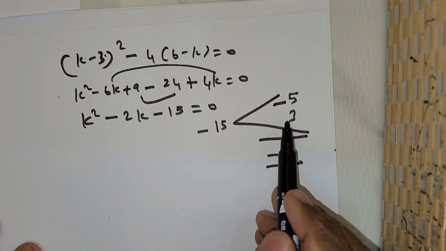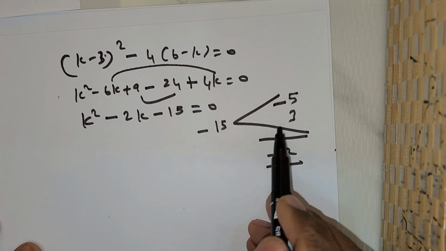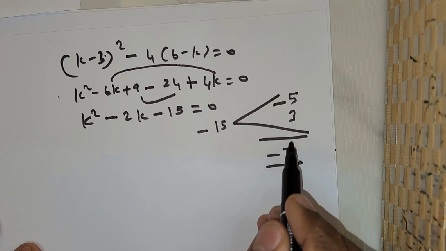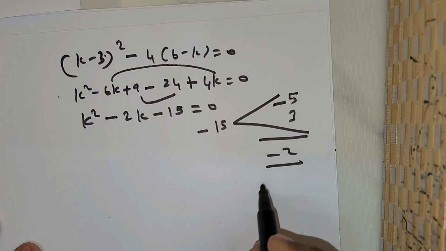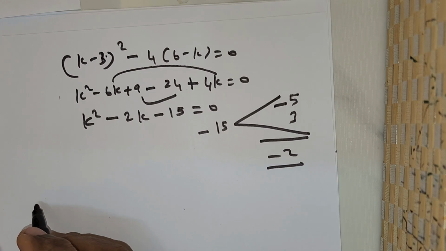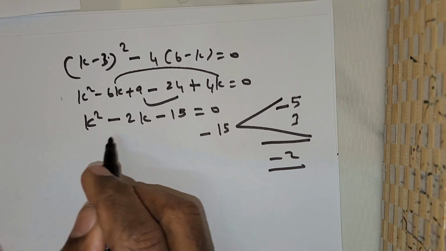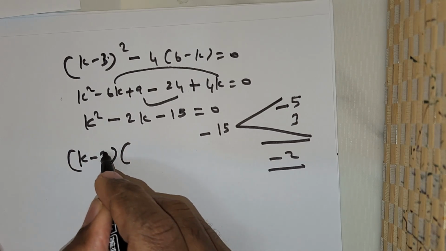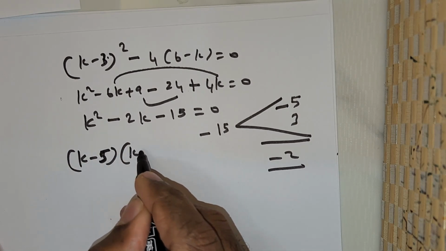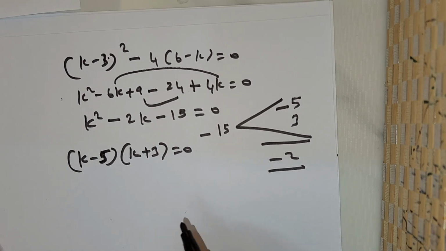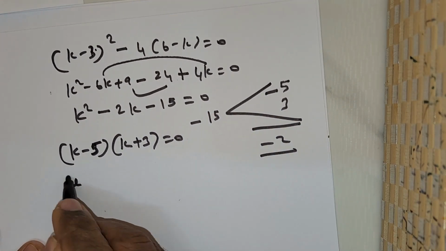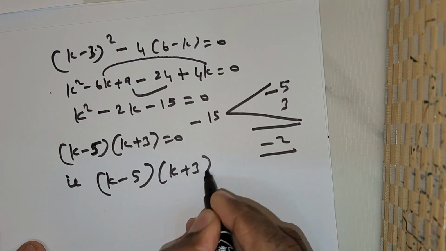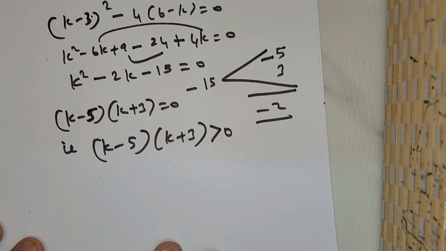So if I were to do that, I would get -5 times 3 is -15, and -5 added with 3 I get -2. Okay, so if I were to write it as a factor, this is going to be (k - 5)(k + 3) = 0, but we have an inequality. So that is (k - 5)(k + 3) > 0.